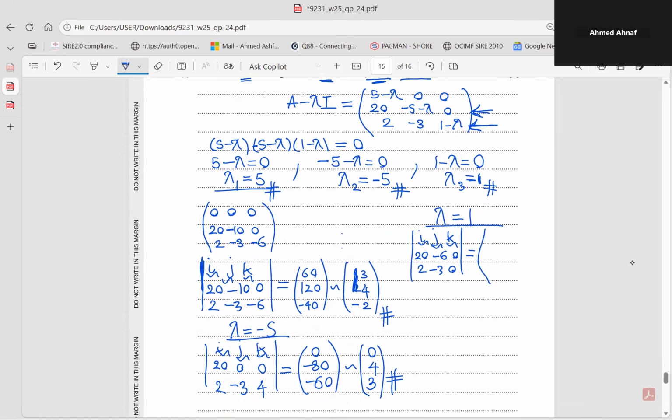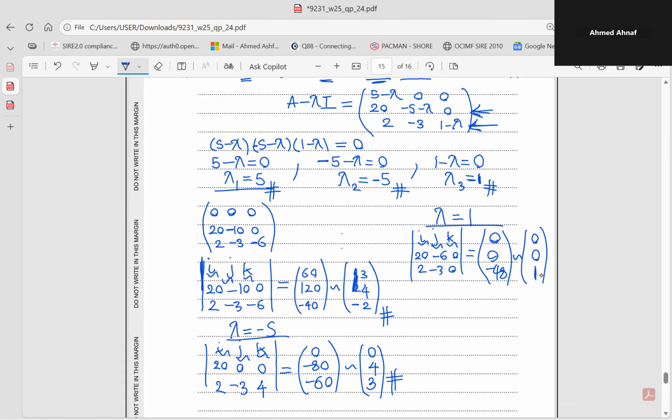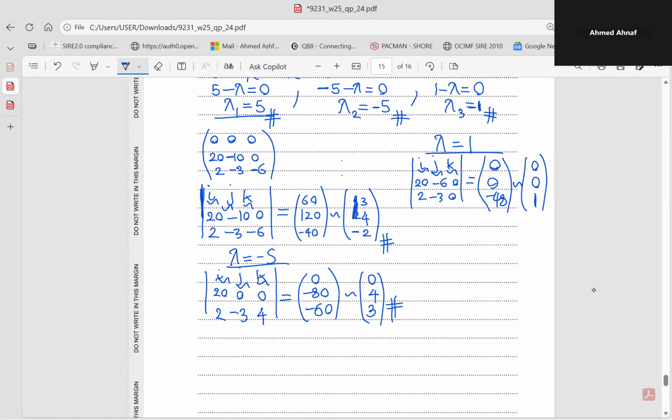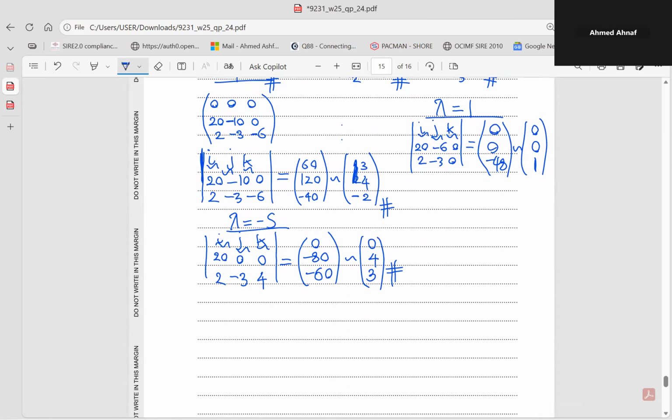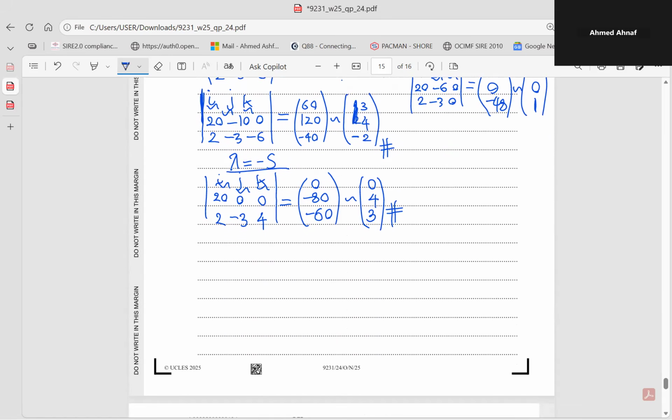Using the calculator, vector A, vector B gives 0, 0, negative 48, which is the same as 0, 0, 1. Okay, so these are the eigenvectors.